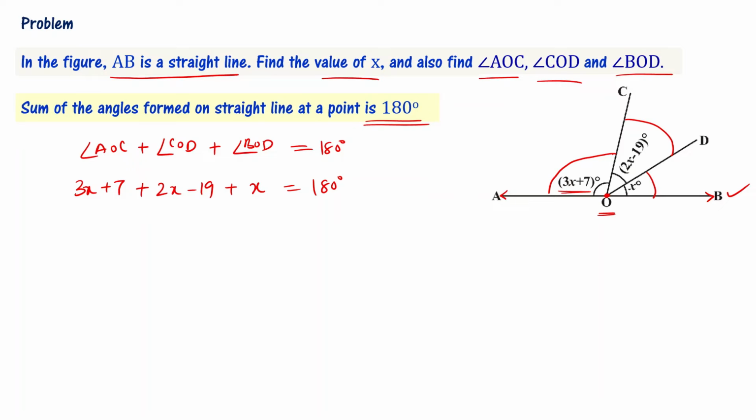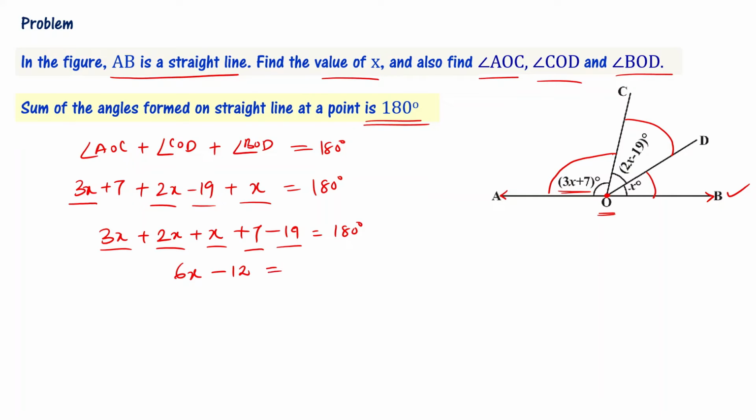Now, let's simplify this expression. 3x plus 2x plus x plus 7 minus 19 equal to 180 degrees, right? Now 3x plus 2x plus x is 6x, and 7 minus 19 can be written as minus 12, right? That is equal to 180 degrees.